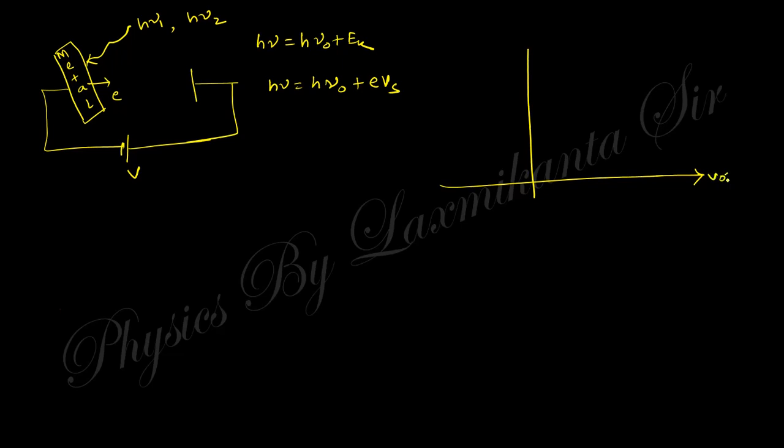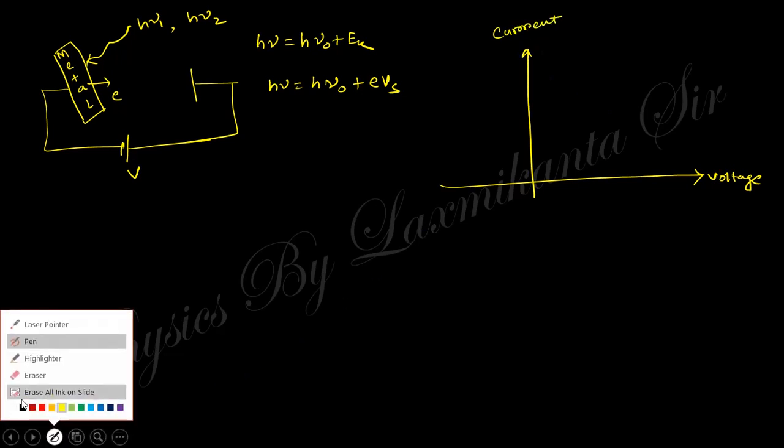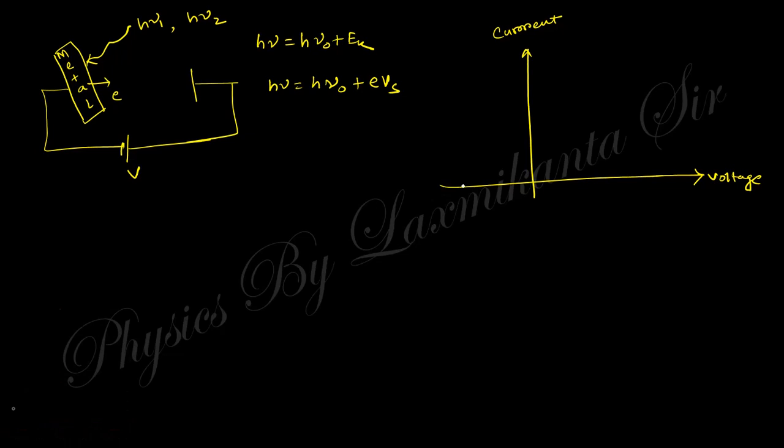This is voltage, and this was the current. Now the curve was like that for intensity 1, or some intensity, or frequency nu1. This is for nu1, so the nature will be this, Vs1 for stopping potential for nu1.